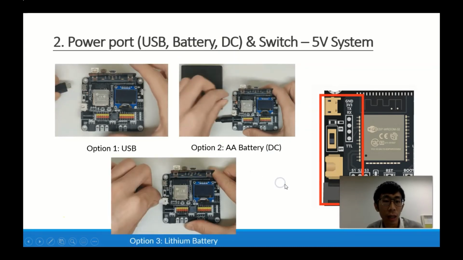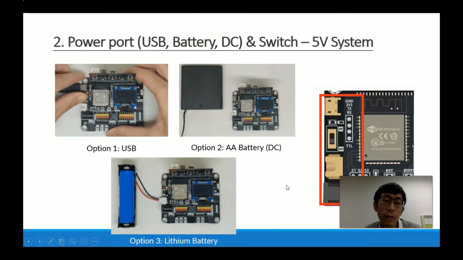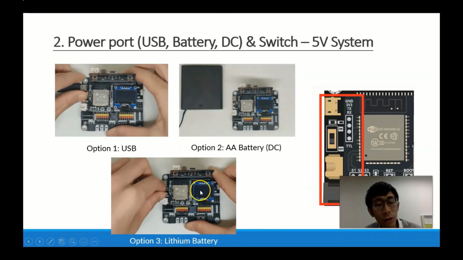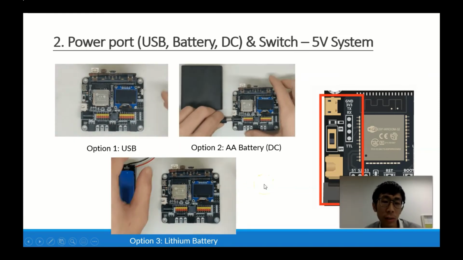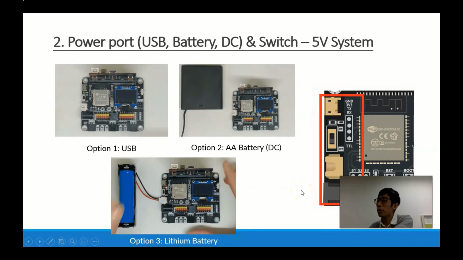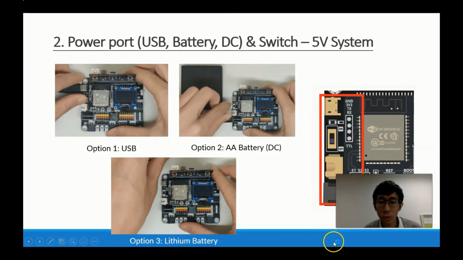Yep. So the third option is a lithium battery. Of course, a lithium battery holder doesn't come with the kit. However, you can buy it separately. But option 1 and option 2 are already enough. So going back to these things, I would just like to introduce you.